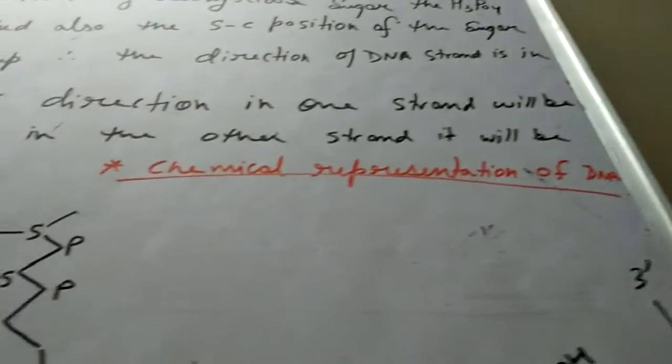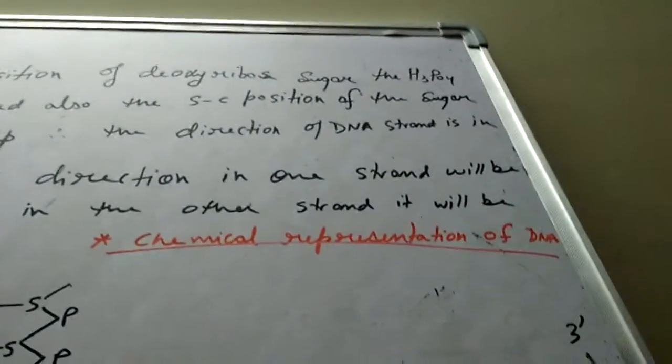I have drawn the chemical representation of DNA, which is extremely important to understand the core structure of DNA. So this is a DNA having two polynucleotide strands. If you further enlarge the diagram, you will get to see the phosphate groups here.